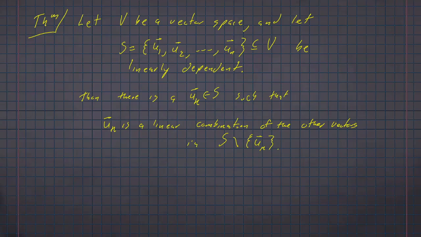Then we can pick one of the vectors in S, we'll call it u sub k, so that u_k is a linear combination of the other vectors. That is, the vectors in S throw away u_k. And the proof of this theorem is fairly straightforward.